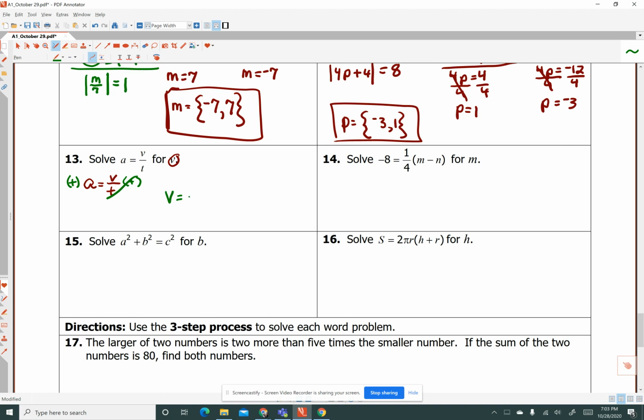I put them in alphabetical order. It's just multiplication, so the commutative property allows us to put them in alphabetical order like that.